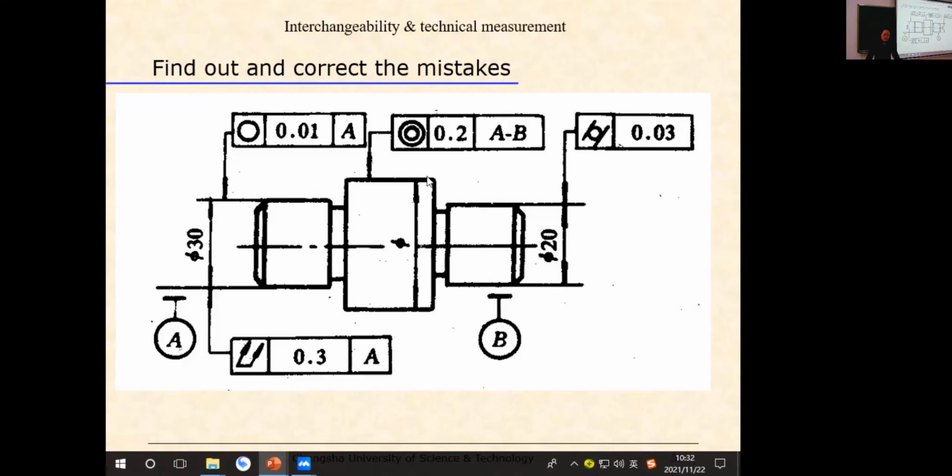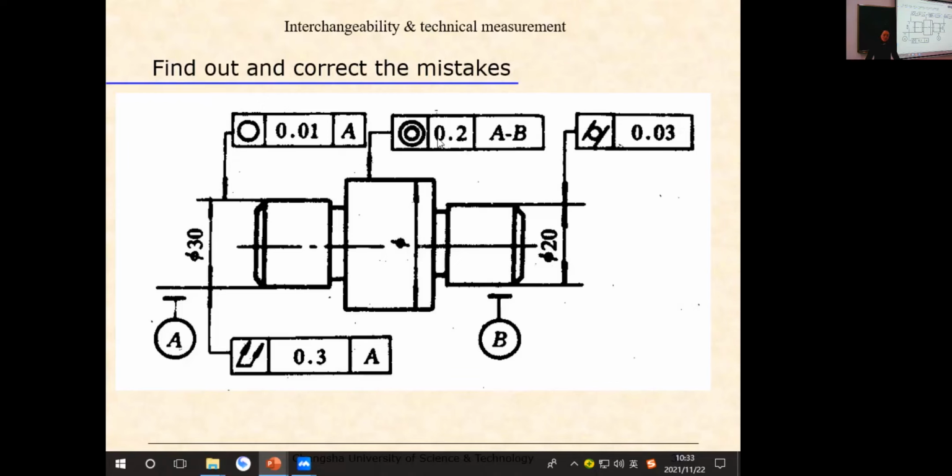The axis. It means this concentricity and the coaxiality, right? So this axis has a concentricity to this axis, so this is also to describe the axis. So this arrow is put here in line with the dimension arrow, dimension 9, right? And also it needs to add the phi.